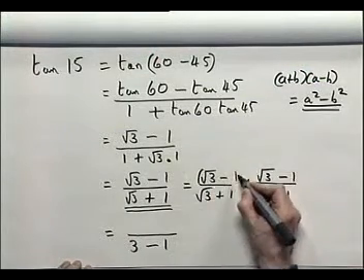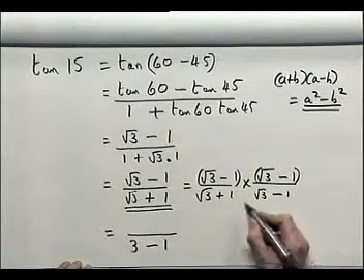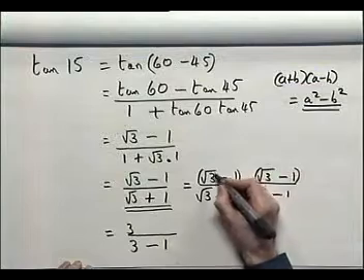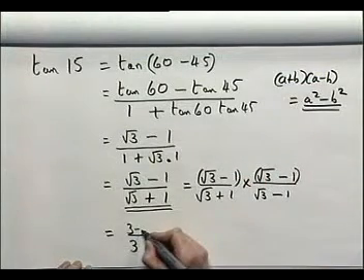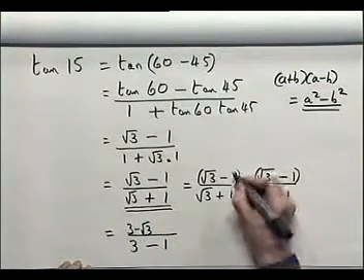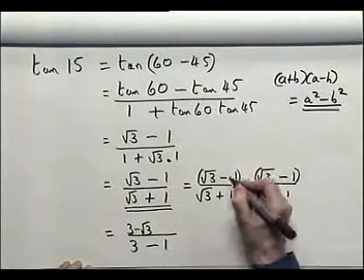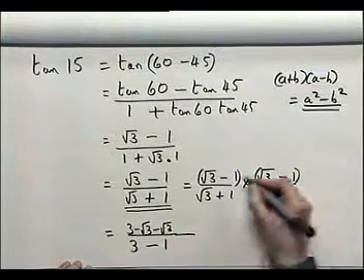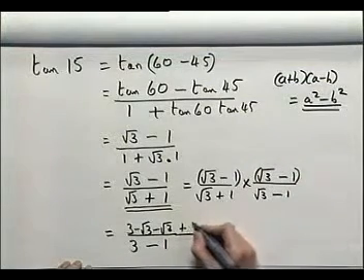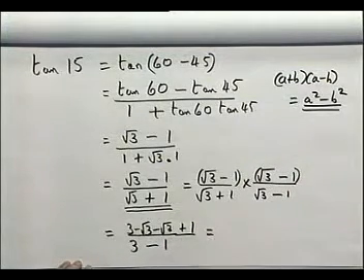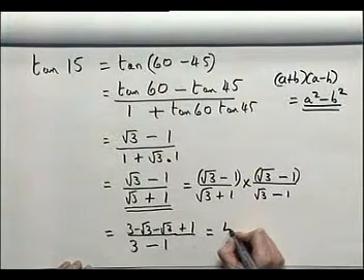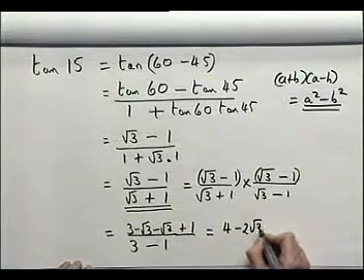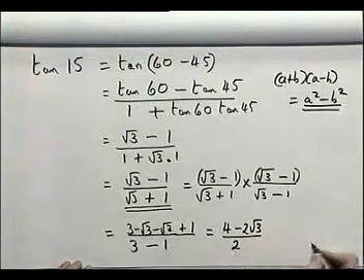We've two brackets that we're multiplying together. Root 3 by root 3 is 3. Root 3 by minus 1 is minus root 3. 1 by minus 1 by root 3 is minus root 3, and minus 1 with minus 1 is plus 1. 3 plus 1 is 4 minus 2 root 3's we're taking away, all over 2.